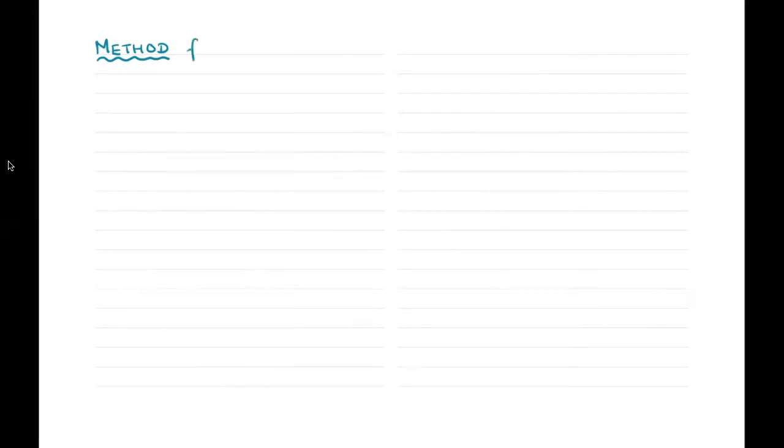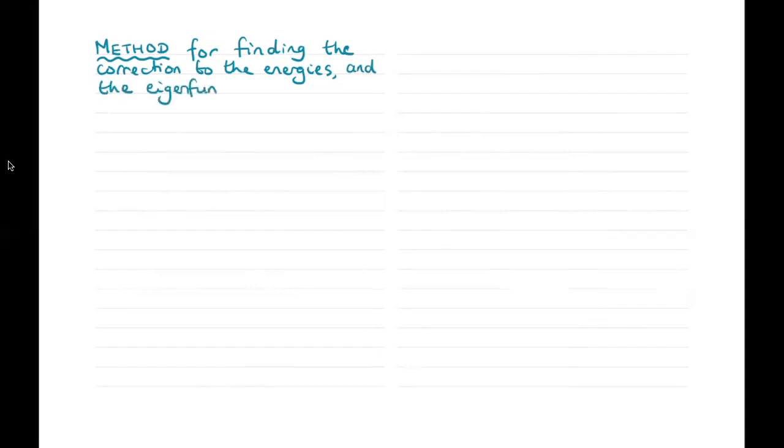Okay, so the method for finding the correction to the energies and the eigenfunctions is as follows. I'm going to write down the method when we have two degenerate states, and then we'll extend it to a higher number later.